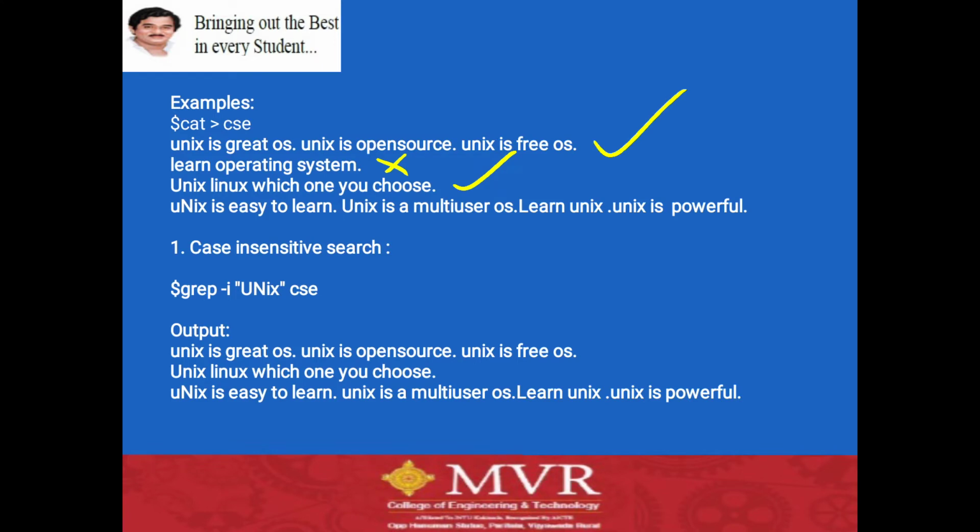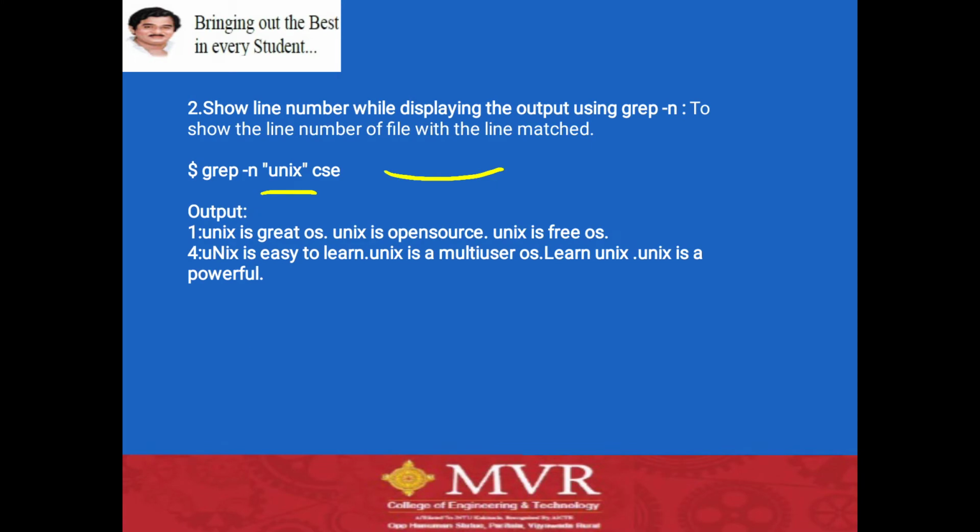In the third line Unix is there, but the first letter of Unix is a capital U. Because I am not using the -i option in this second case, it will not display the third line. Remember that, because here I have given all small letters, so it will only match the lines which contain only small letters. A capital letter in the given pattern will not match.